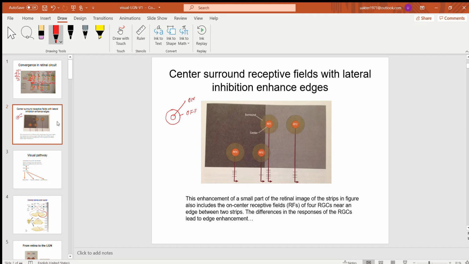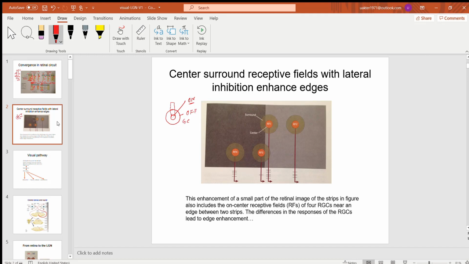And now if I present a light that will fall to the center, that means on center, that will excite this ganglion cell, right?